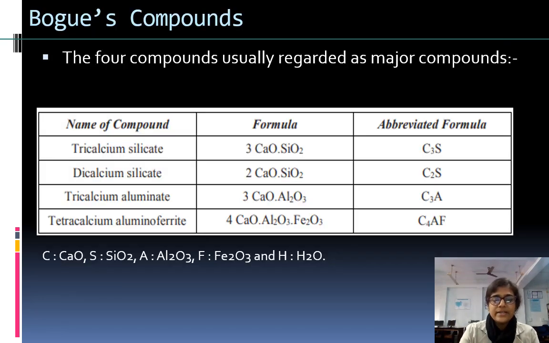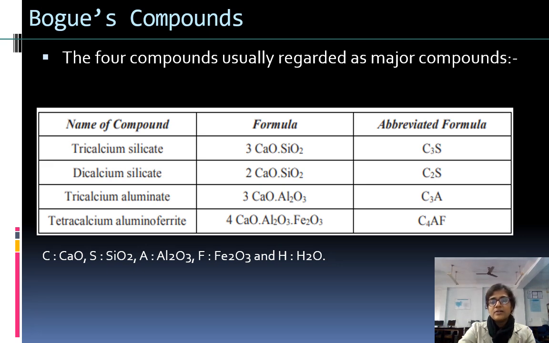So moving to the next thing. Whenever cement clinkering happens, four major compounds are formed: tricalcium silicate, dicalcium silicate, tricalcium aluminate, and tetracalcium aluminoferrite.